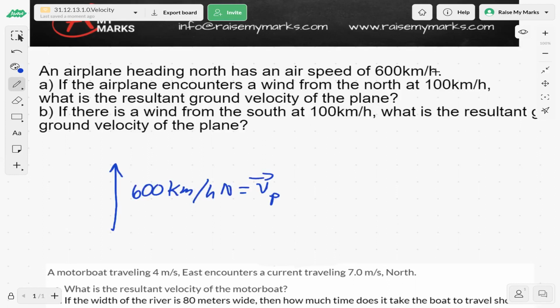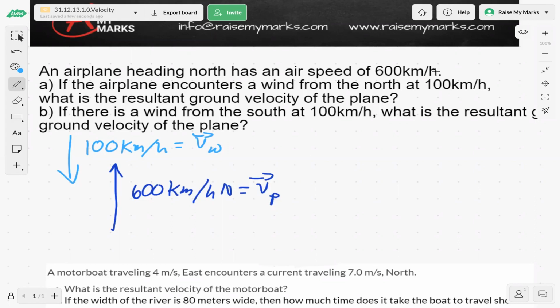And we have a wind from the north at 100 kilometers per hour. Let's use a different color for that. So there's the wind. If it's coming from the north at 100 kilometers per hour, it's actually going down south. So it's heading in the opposite direction of our plane.